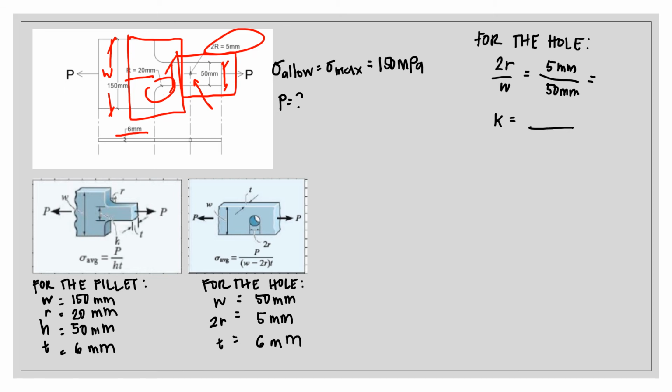We're going to solve for the value of K in the part of the hole. So 2R over W is equal to 5 millimeters over 50 millimeters, which is 0.1. To determine the value of K, we're going to use the chart.